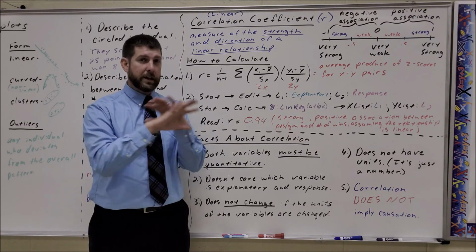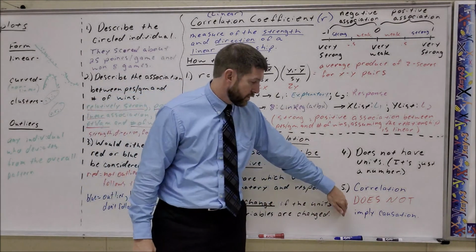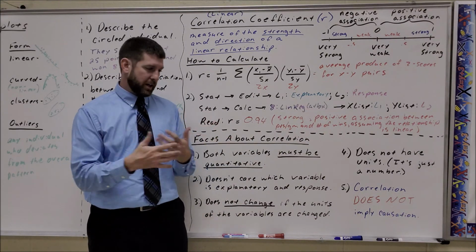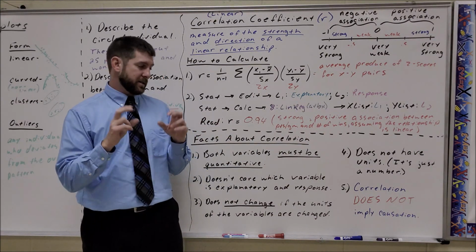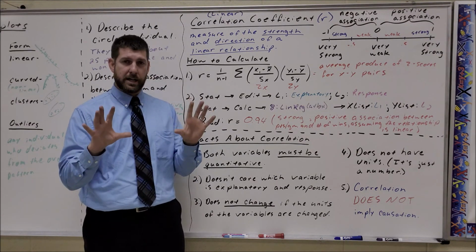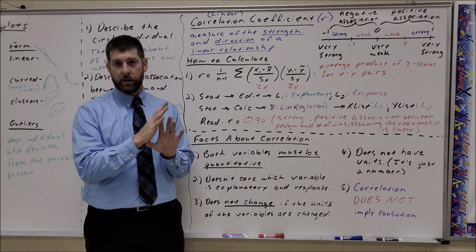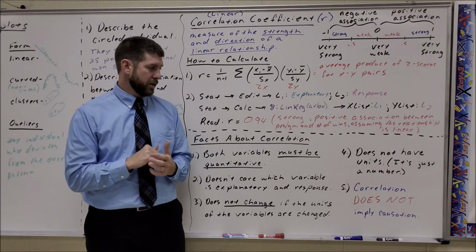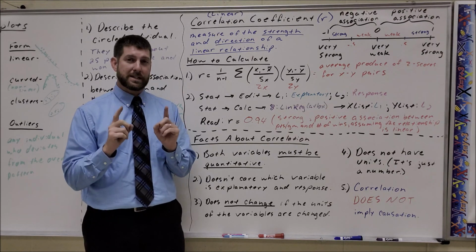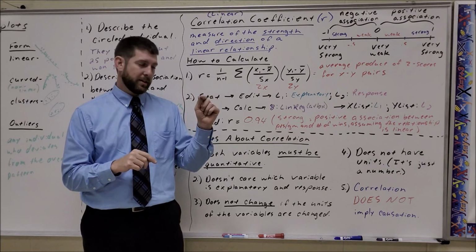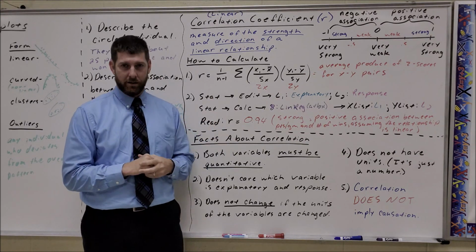If you learn nothing else from statistics, I want you to understand that, because it runs through a lot of data analysis from people that aren't really paying attention. They see two things happening at the same time, and they apply motive or intent or causation from one to the other. So make sure you understand: because two things happen at the same time, they're correlated, but that does not necessarily imply that one caused the other.